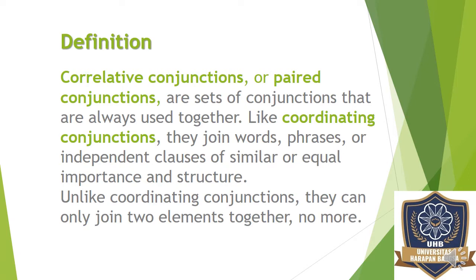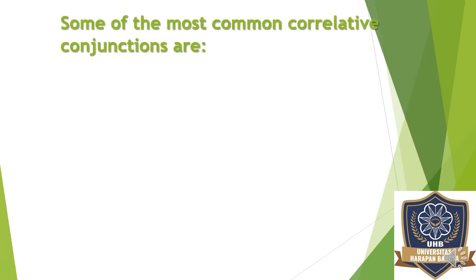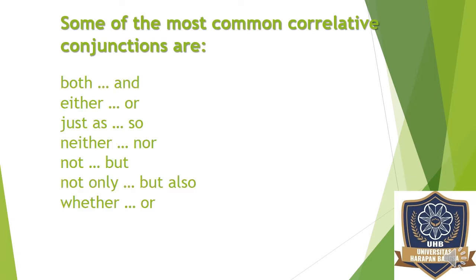Unlike coordinating conjunctions, they can only join two elements together, no more. Some of the most common correlative conjunctions are both and, either or, just as so, neither nor, not but, not only but also, whether or.